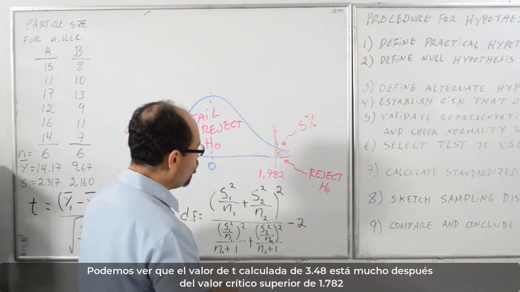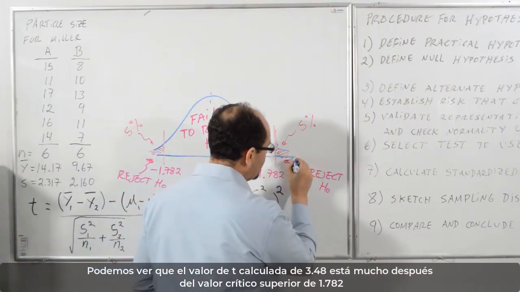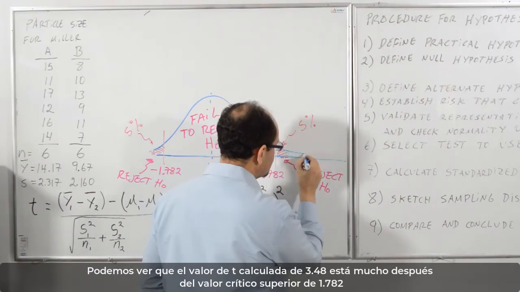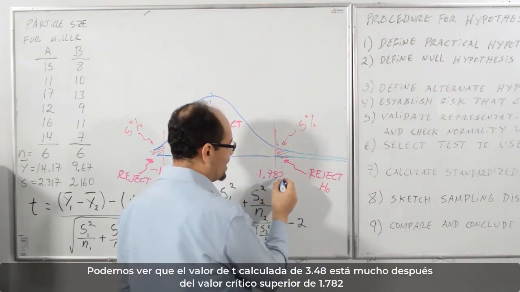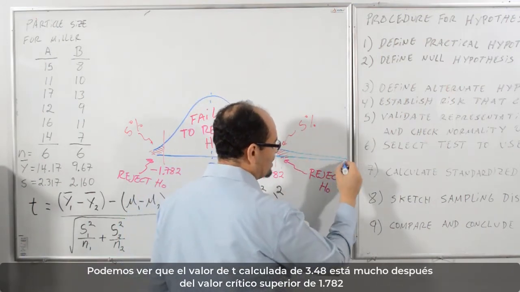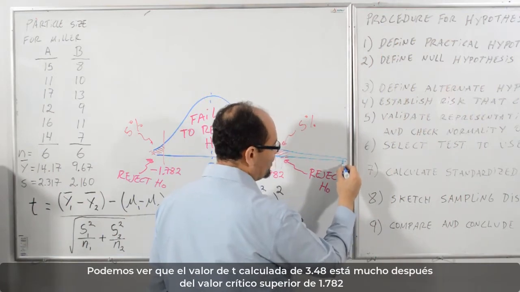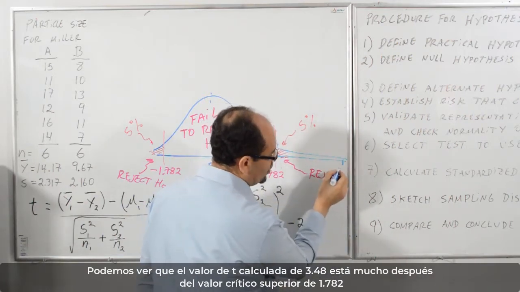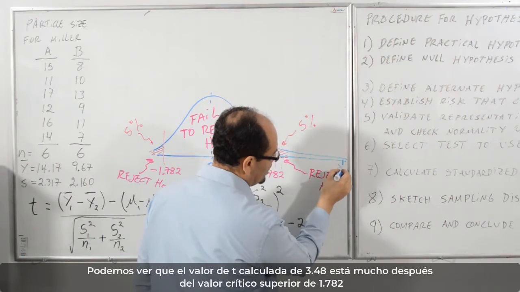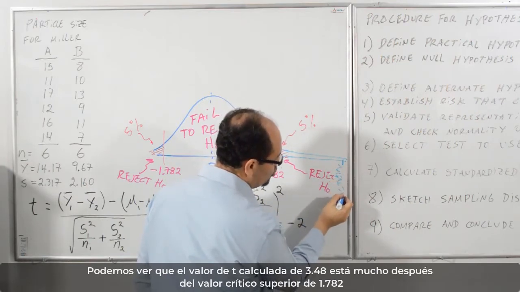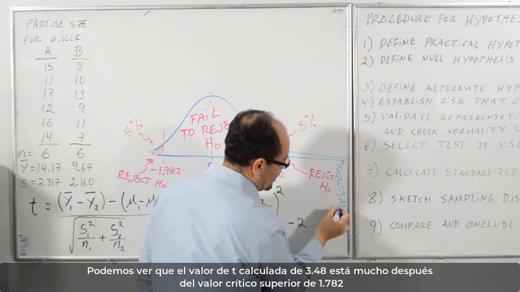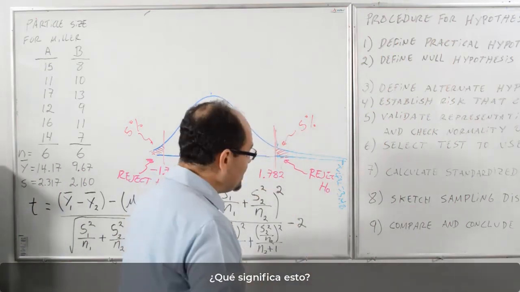And 3.48 is somewhere after 1.782. Let's say that is somewhere here. Here we have the T calculated, which is equal to 3.48.